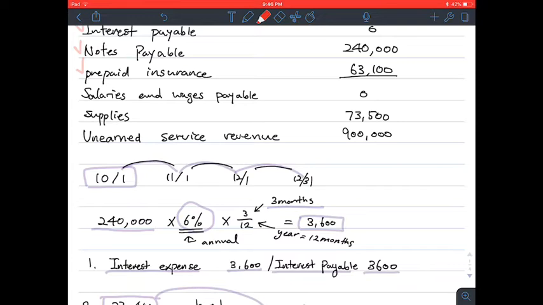Okay, 6% is an annual interest. If there is no mention, just assume it as an annual interest. So we have to calculate how many months have passed since the company borrowed money on October 1st.